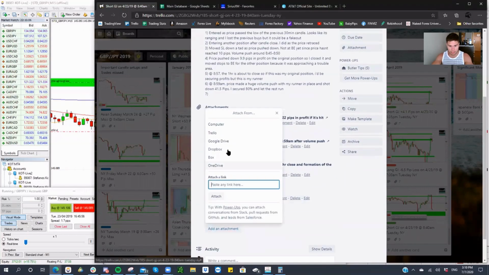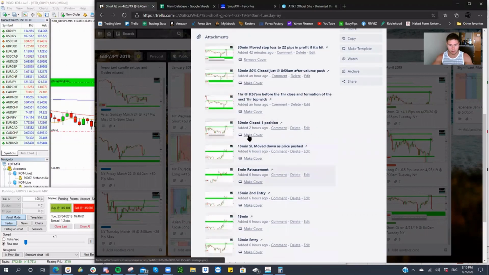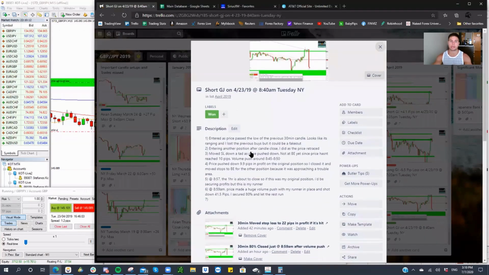And also I have all these screenshots, super detailed, everything in there that I want to learn, because when I go back into my journal and I study these trades, I study these setups, I'm going to be able to go back in time and understand exactly what I was thinking during that trade. What was I thinking before the trade, and why I took the trade, etc.